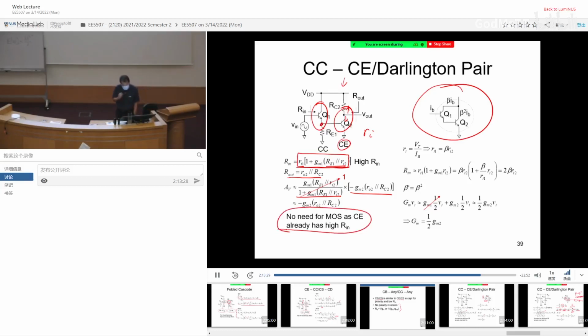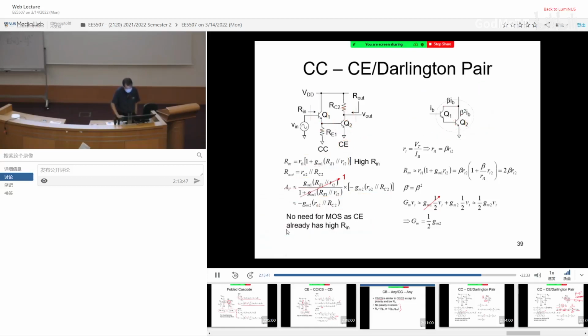Now let's look at some tweak variation. Instead of having the two-stage outputs separated, let's combine this guy and join it with one transistor, the second transistor. Okay? So right away, one thing you notice, just do a simple analysis.